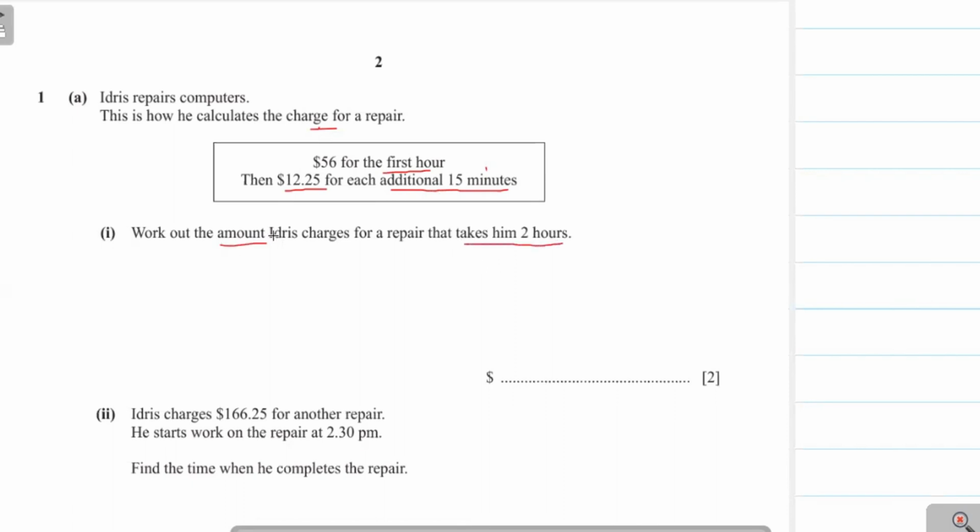You see here we have to find the total amount charged for 2 hours. Now the total charges will be equal to first hour charges plus second hour charges.